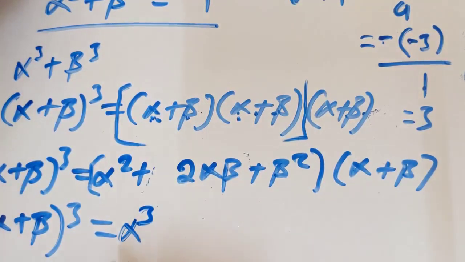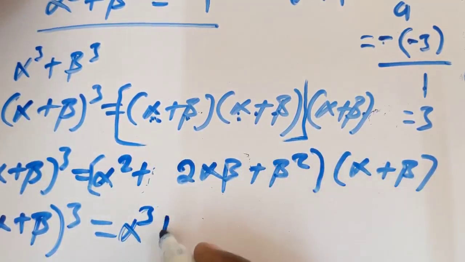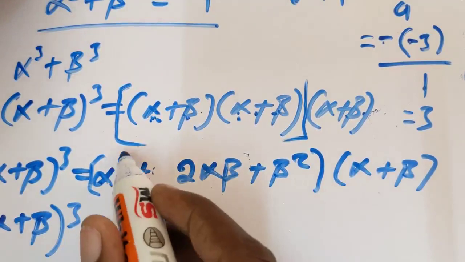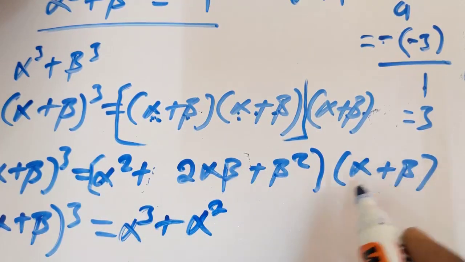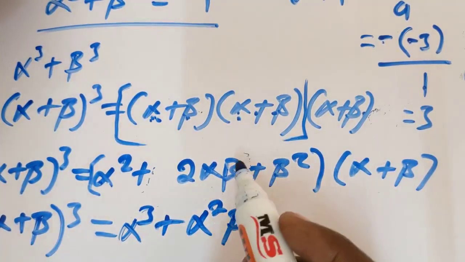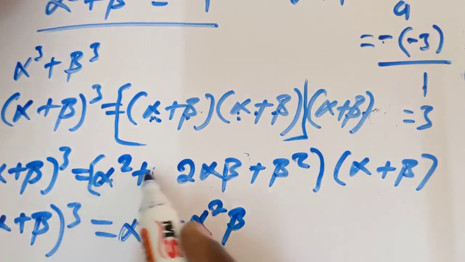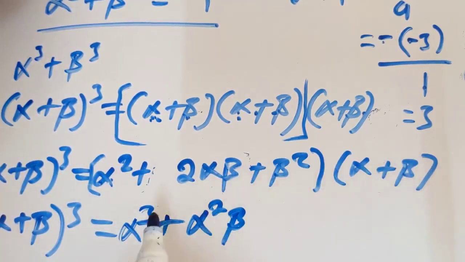Then alpha squared times beta, this one is squared, you are multiplying with this, so it's going to be alpha squared beta. I've multiplied this one times that one, so we are done.